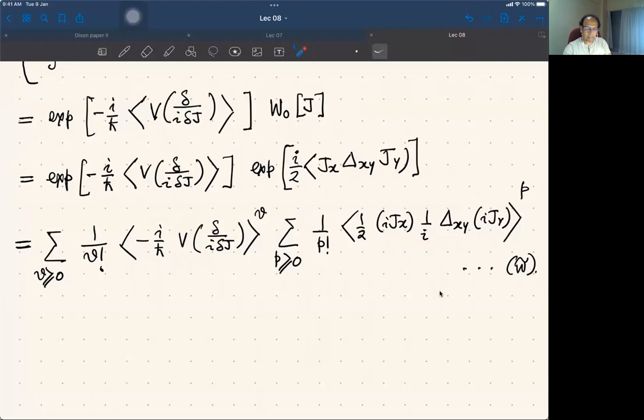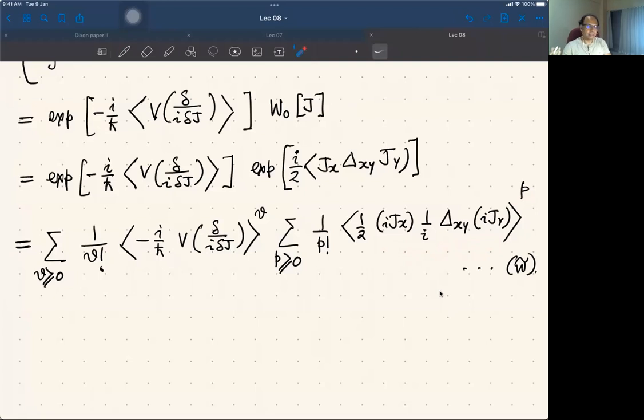We are calculating W tilde J for non-zero value of J, and for any given value of v, a certain number of derivatives of J will appear here, and those derivatives will act only on all those terms where a sufficient number of J's are there. If the number is too small, then the derivative combination will kill that.